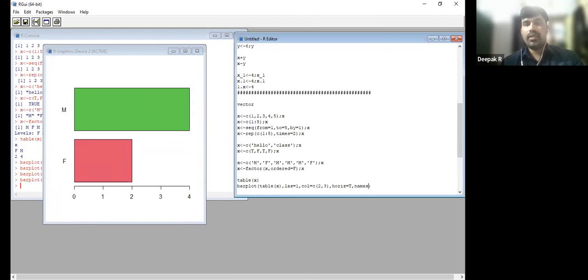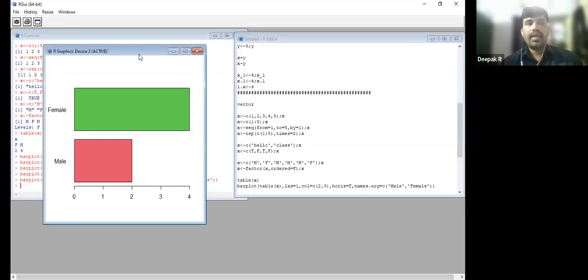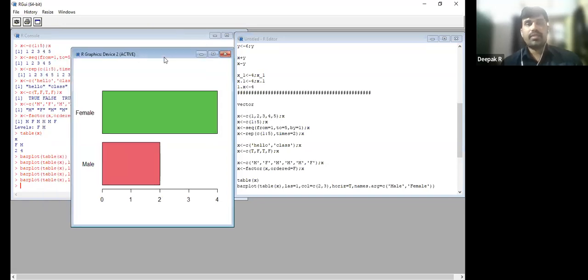If I want the names to be given, I can say one refers to male and another refers to female. So it is possible for us to make these corrections and customize some of these aspects. And that's why most of them are going towards these open source softwares.